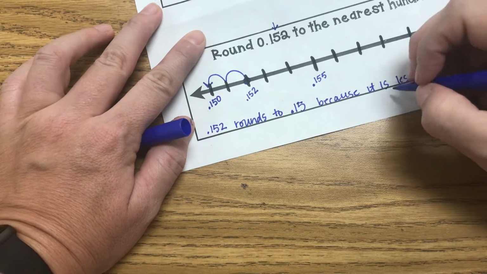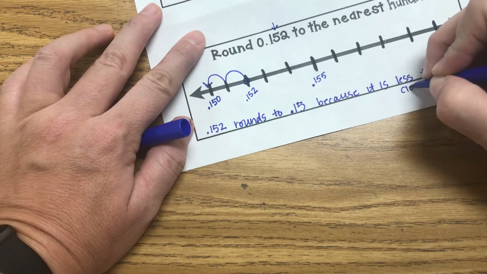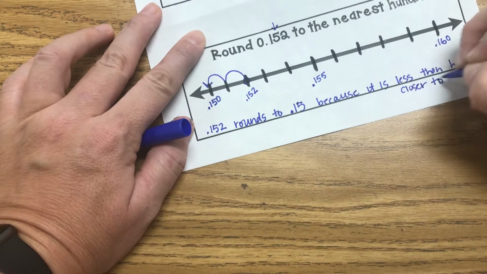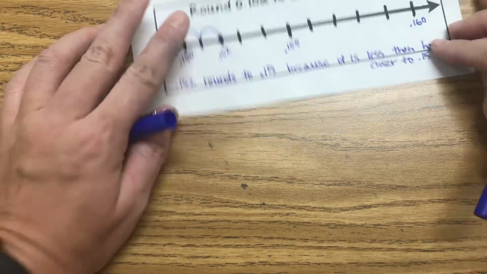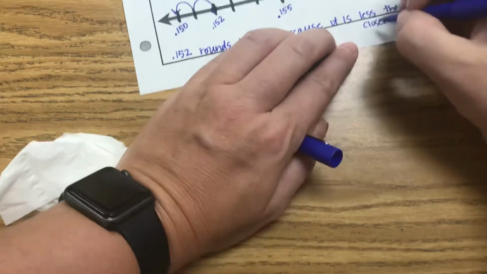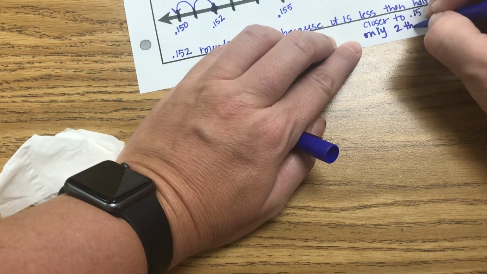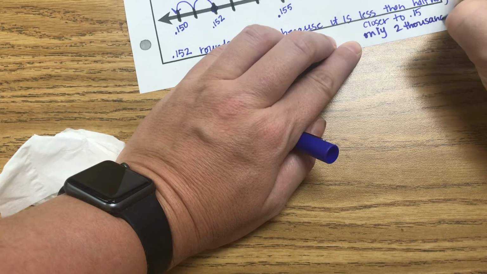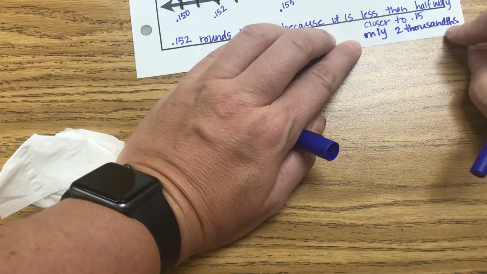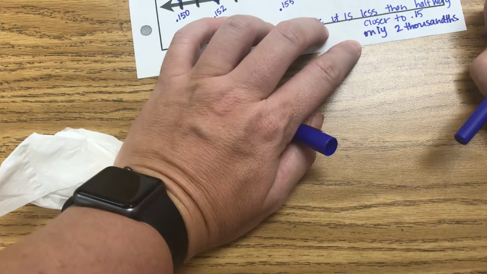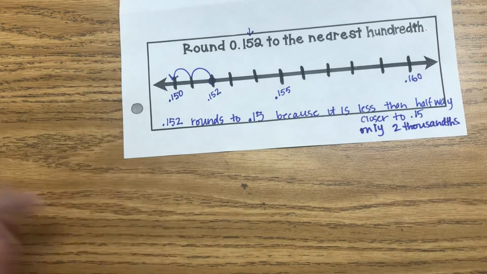You can say because it is closer to 1.150, or you can say it is only 2 thousandths away from 1.150 and 8 thousandths away from 1.160.